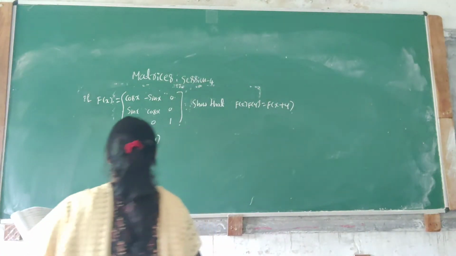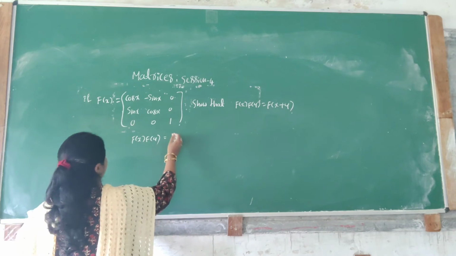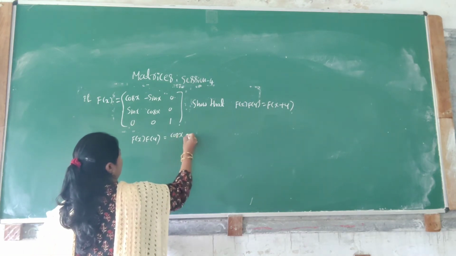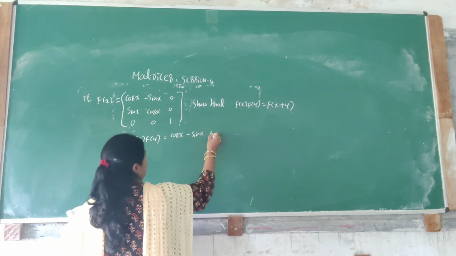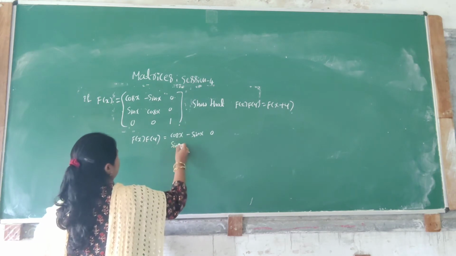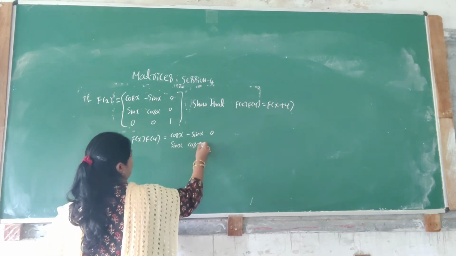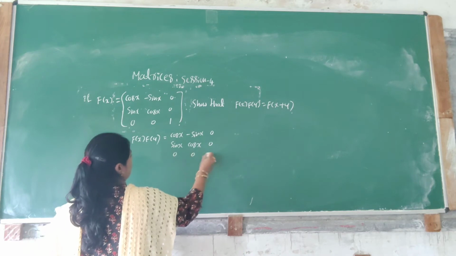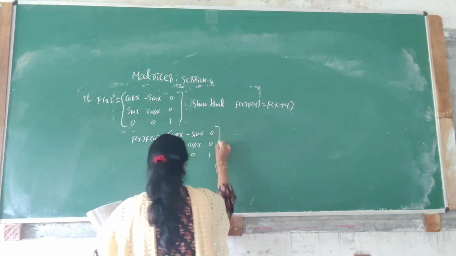Okay, we'll do this problem. F of x, f of y. What is f of x? Cos x, minus sin x, 0; sin x, cos x, 0; 0, 0, 1. This one is f of x.